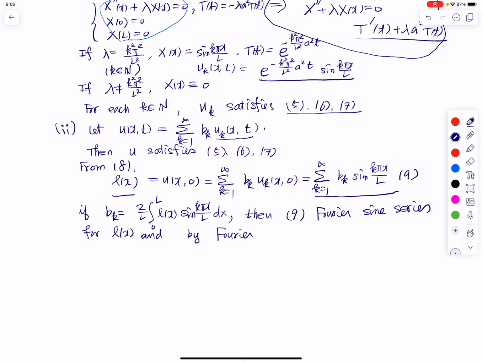We assume that L is continuous and L prime is piecewise continuous. So that implies, by the Fourier theorem, that the summation k from 1 to infinity of bk sine k pi x divided by L converges to Lx.